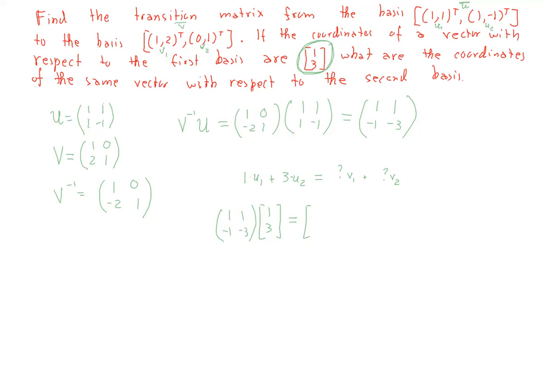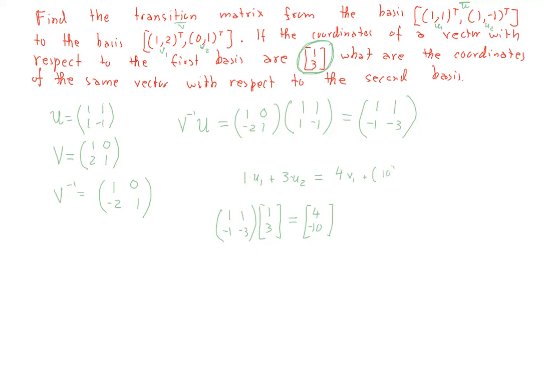So what you're going to get is 4 and negative 10, which exactly means that the same vector, if you want to express it using v1 and v2, is going to be 4v1 plus negative 10 v2.